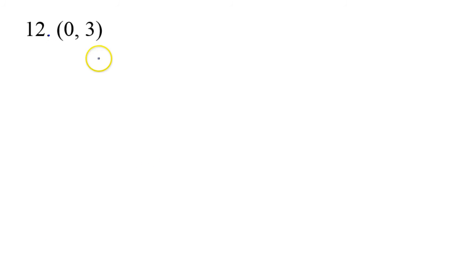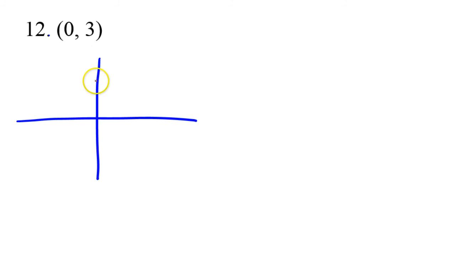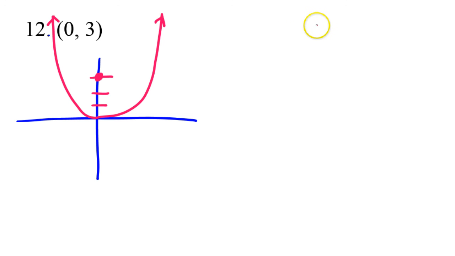All right, number 12. Let's make a quick sketch. 0, 3 would be here. So that tells us that the parabola opens upward like this. So right away we know that we're dealing with x squared.